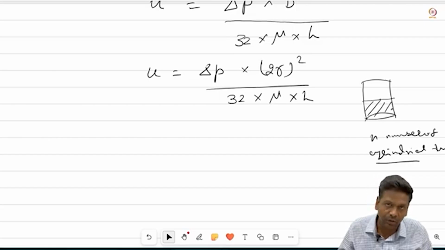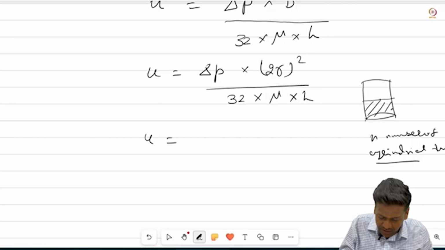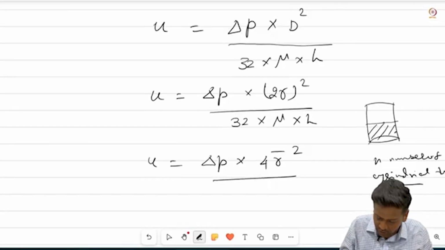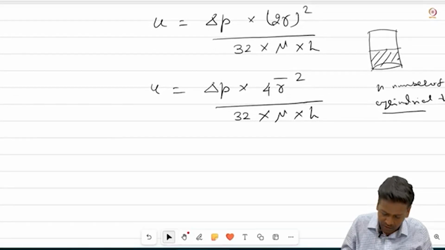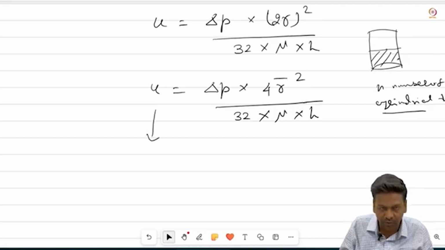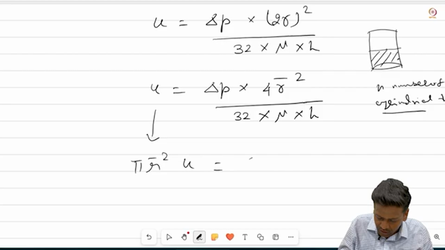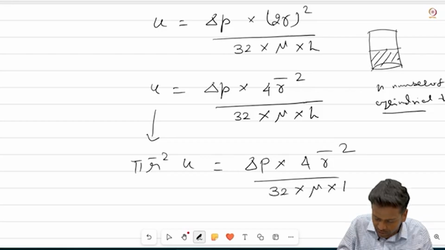So one has to use the statistical average rather than the capillary radius itself, right? So in such a case, we can say divided by 32 into mu into h. All right. So we can also express this in terms of volumetric flow rate, which is very convenient for us. So we can simply multiply both sides by area. In that case, one would get delta P 4 R gamma square divided by 32 into mu into h itself.